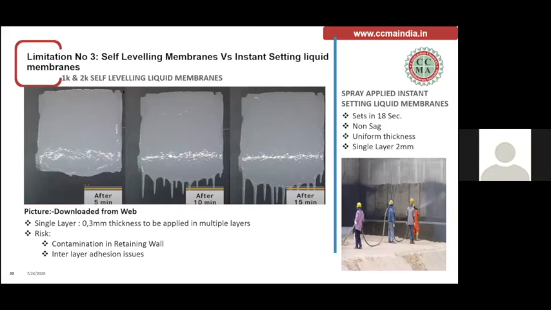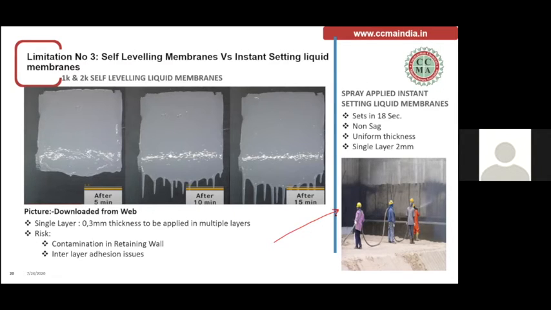You cannot apply a single component or a liquid membrane to a very high thickness, more than 3 mm, or even 0.3 or 0.4 mm, it is a challenge. Now if we go for a two component instant setting, fast setting product, many times your water table is not very high, then obviously we are over specifying our systems.